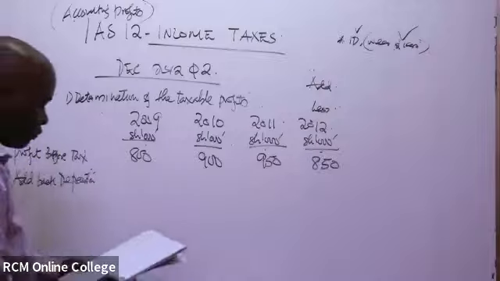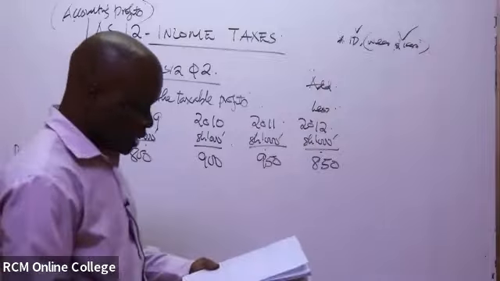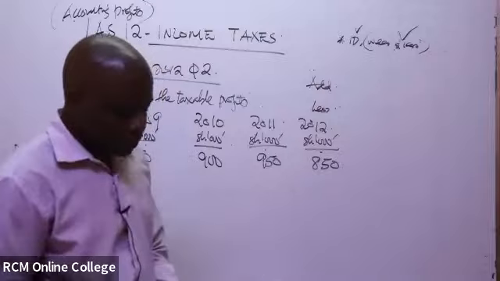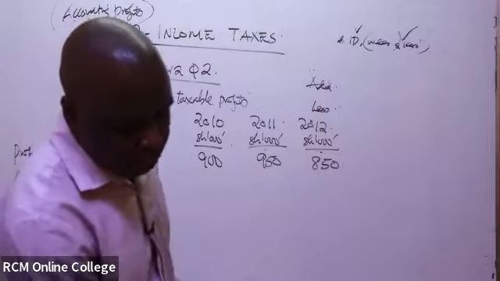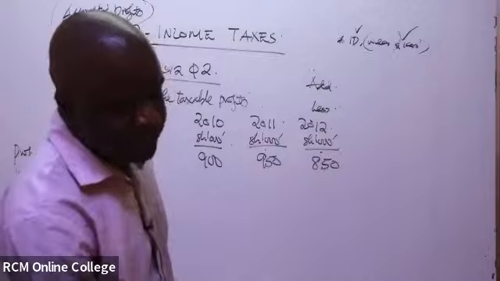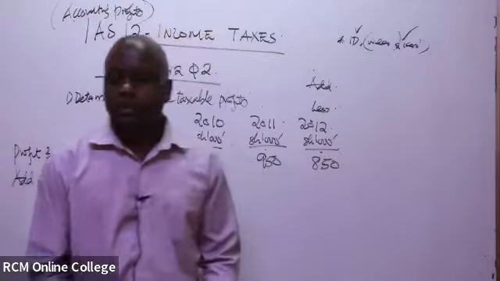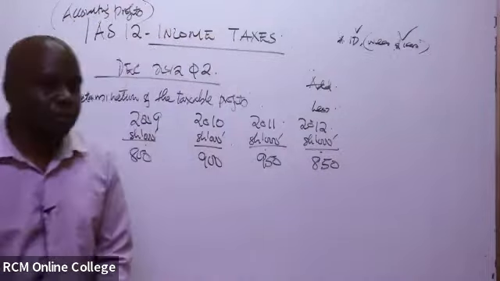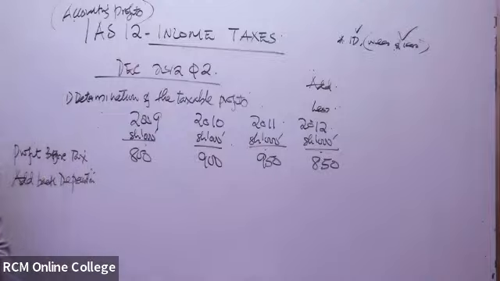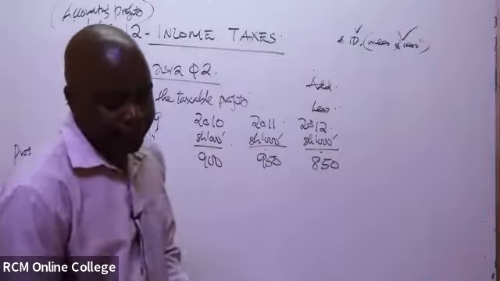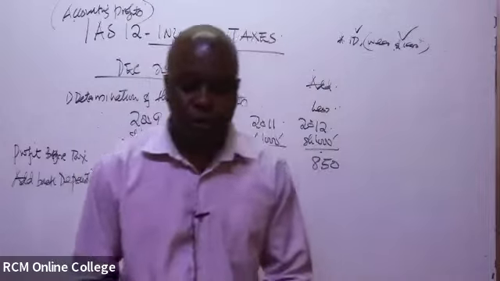And of course, we've been told that depreciation was on a straight line basis, 25% per annum. So our depreciation will likely be how much? It was 25% per annum straight line on the cost of this equipment.